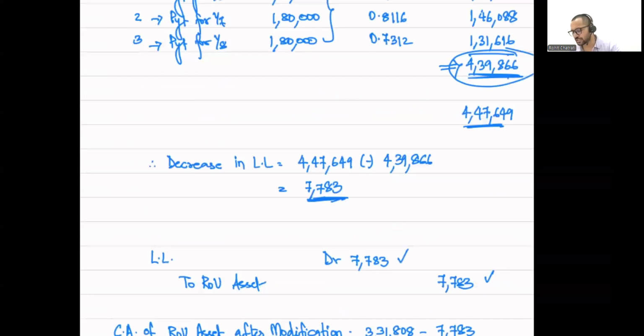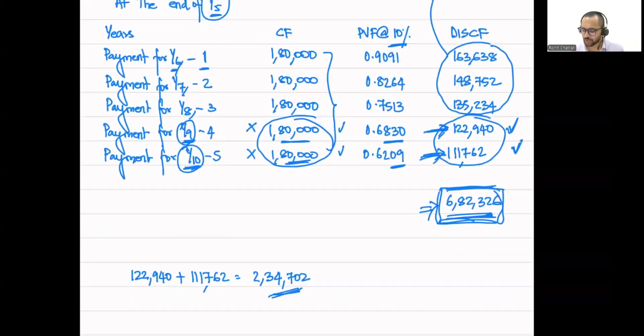That 237,702 was nothing but the sum total of 1,80,000 that was payable for year 9 and 1,80,000 that was payable for year 10. That 2,24 was basically the sum of 122 plus 111.